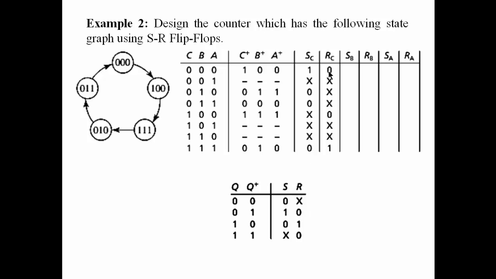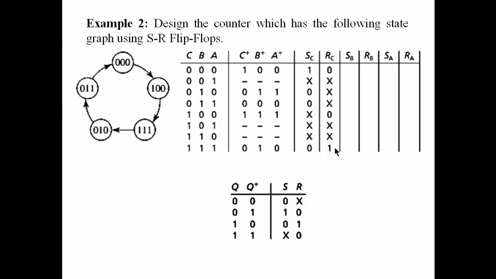So we write 1, 0. In this state, we don't have any value, so we just fill with x's. Now in this state, we have 0 and the next is 0. So when there is 0 and 0, we fill S with 0 and R with x. So 0 and x.